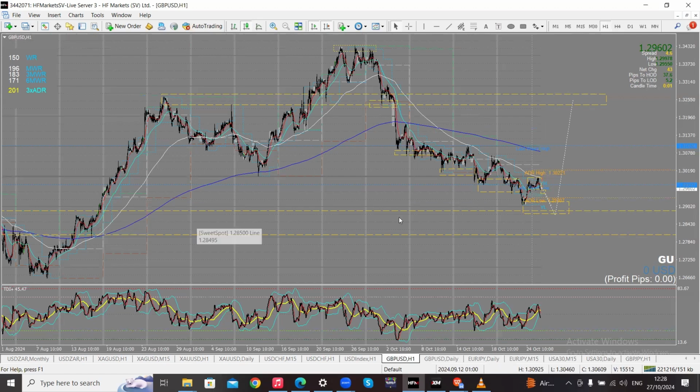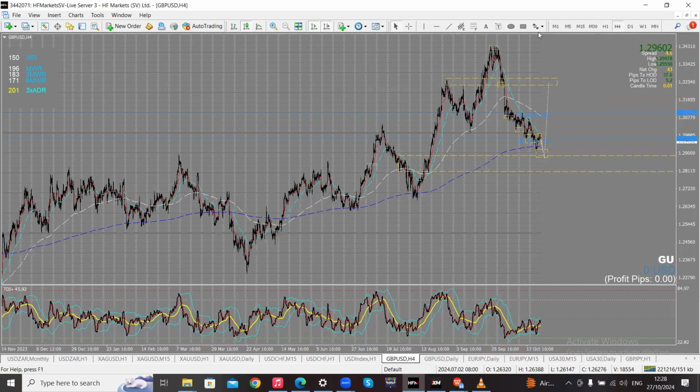A break below this particular area here would then warrant a change in this bias, and we would sell below this price to go further downside. So as it is, this is the structure. This is how I believe price would move, and we'll just wait and see how they would present themselves this coming week.